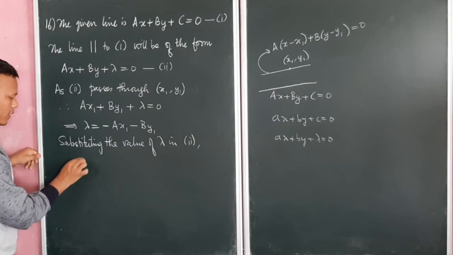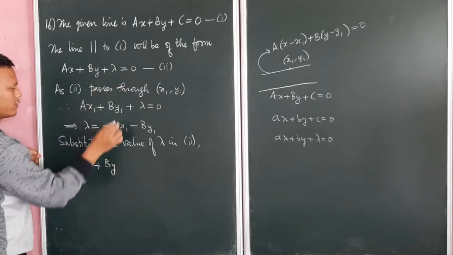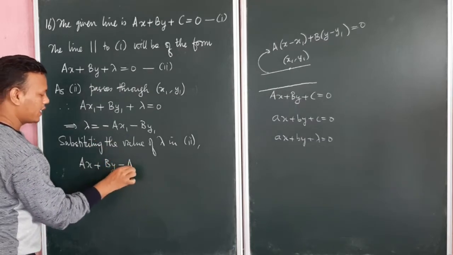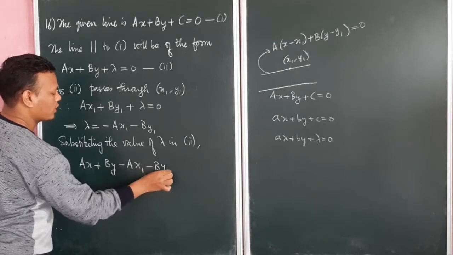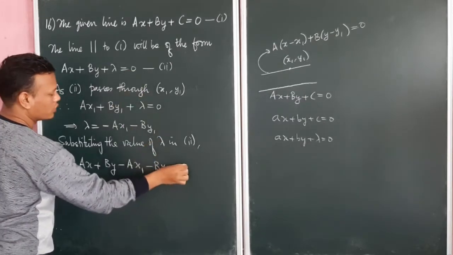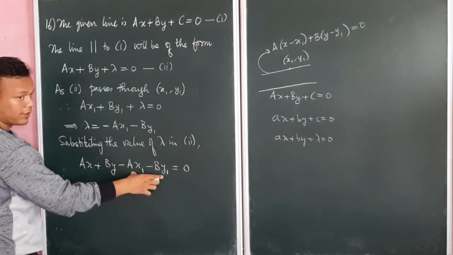So we have ax + by, and instead of lambda I am writing -ax1 - by1, equal to 0. I hope the thing is clear to you. This is lambda, and in place of lambda I have written this.